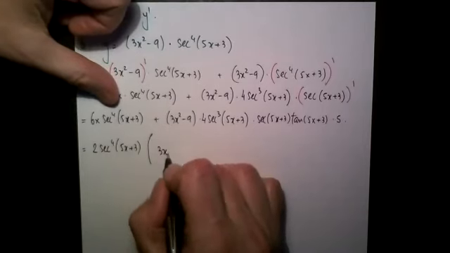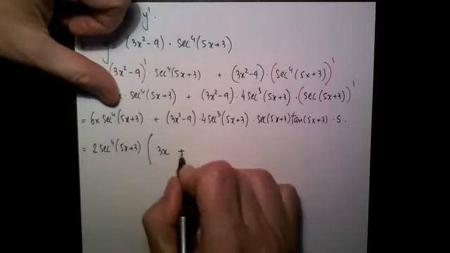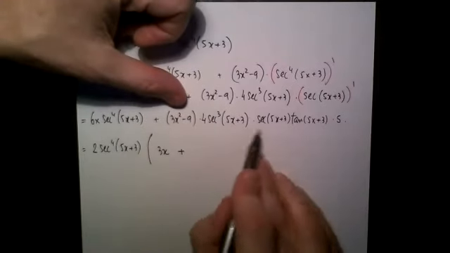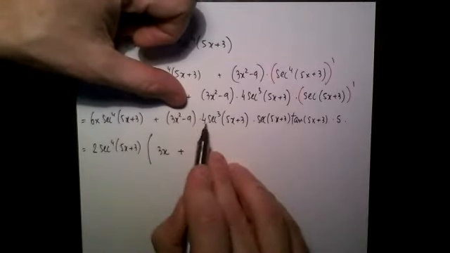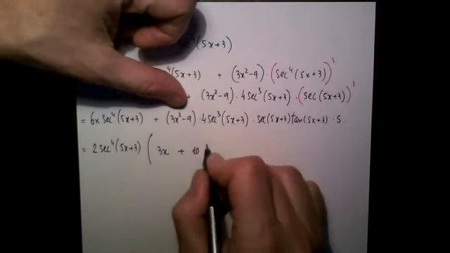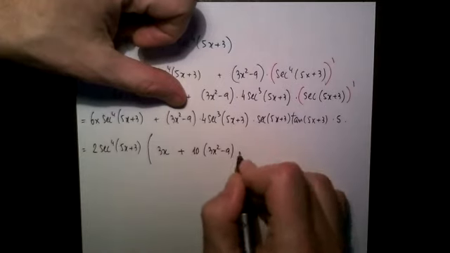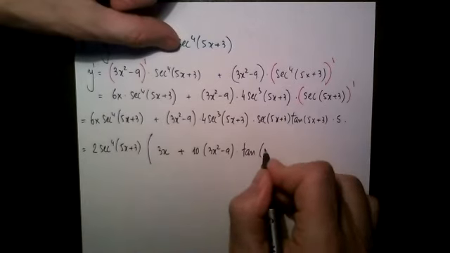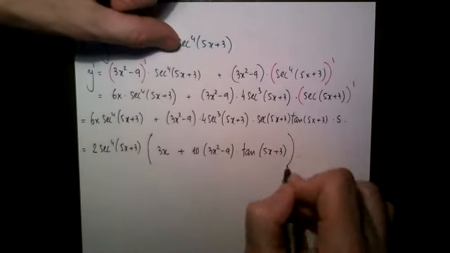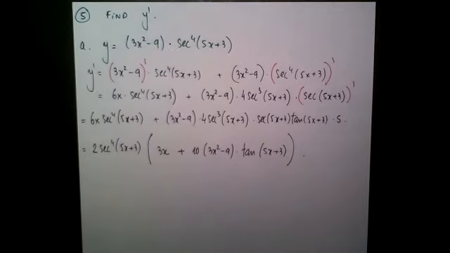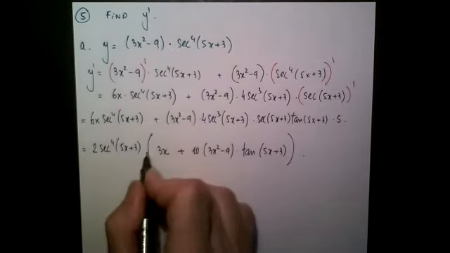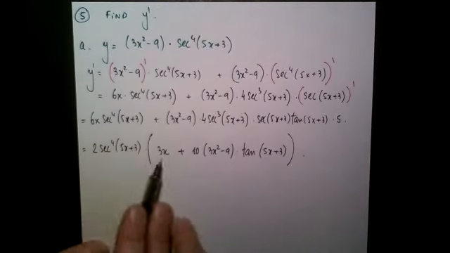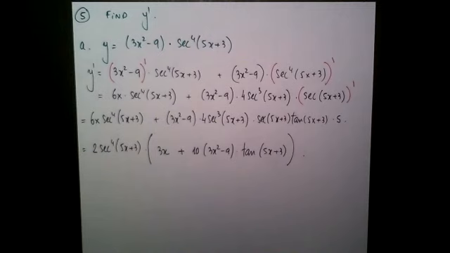Just 3x plus, and here the secant⁴s are out, 5 times 2 is 10 times (3x² minus 9) times tangent of (5x plus 3), and that's my answer. Okay, so I did an extra step here of simplifying this, factoring it out. Sometimes it's useful. Questions?